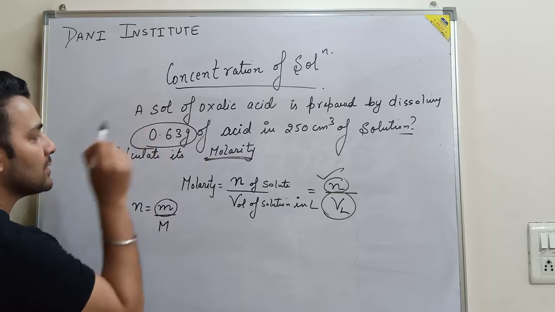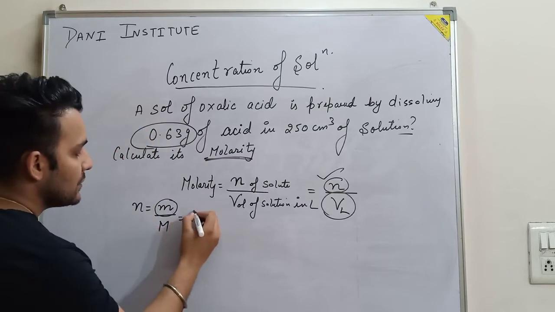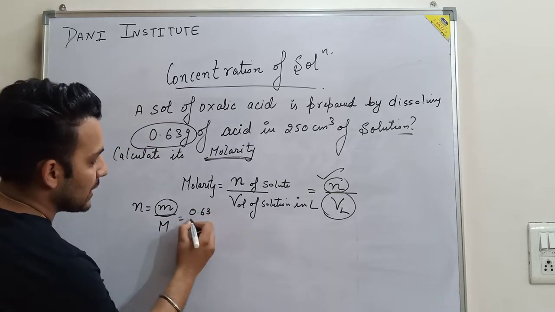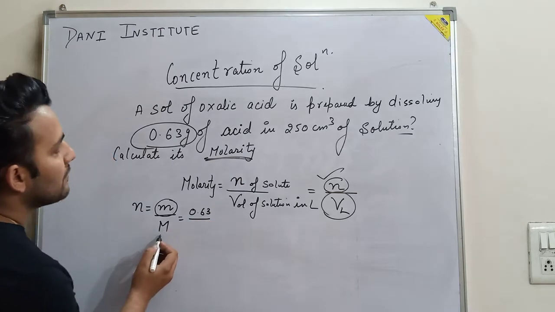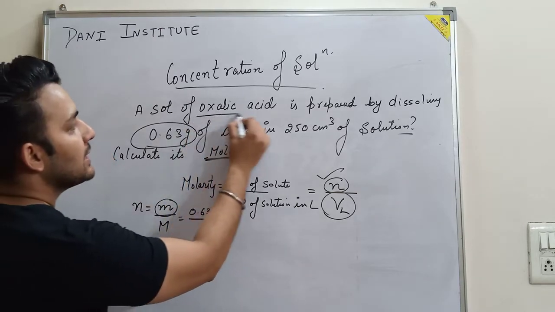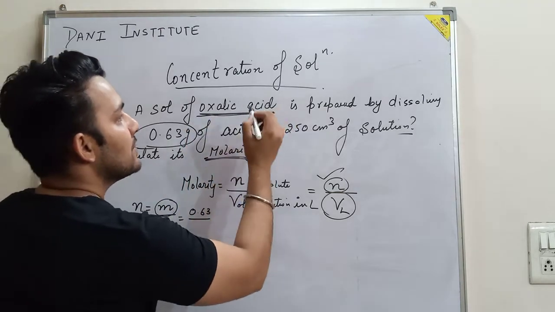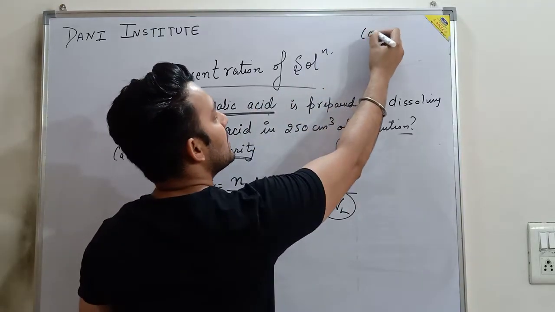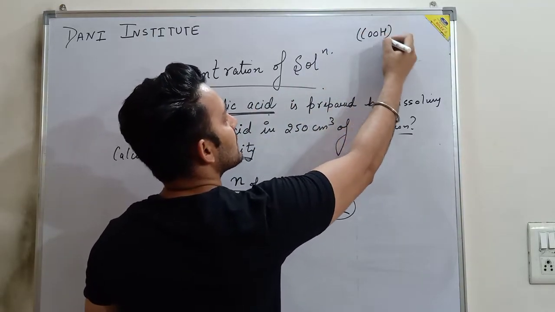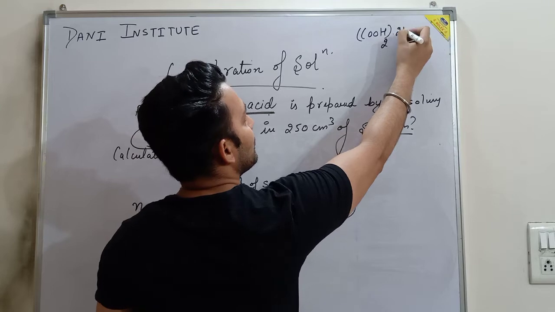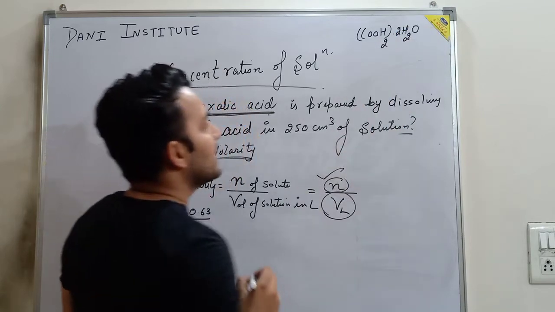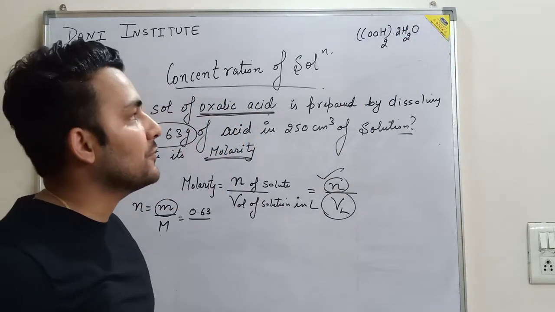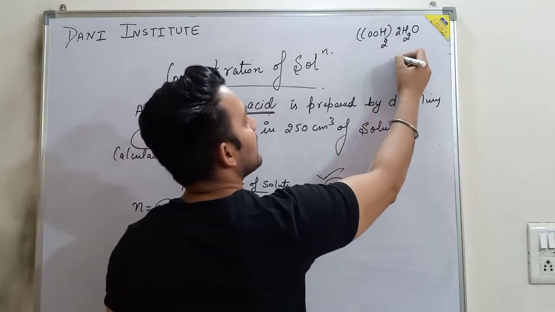What is the given mass in the question? 0.63 divided by the molar mass of oxalic acid. This is oxalic acid. What is the formula of oxalic acid? (COOH)2.2H2O. This is the formula of oxalic acid. From there you can find the mass of oxalic acid.